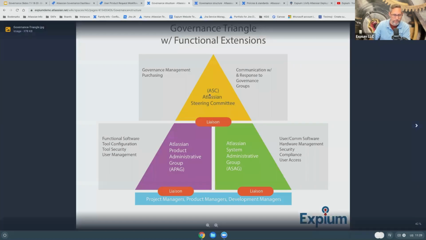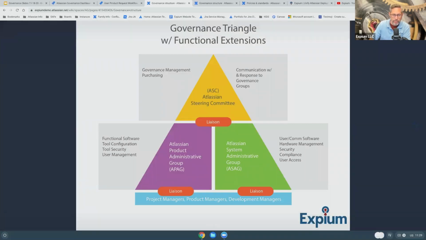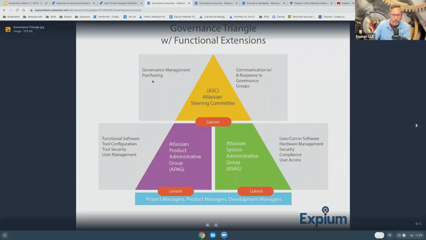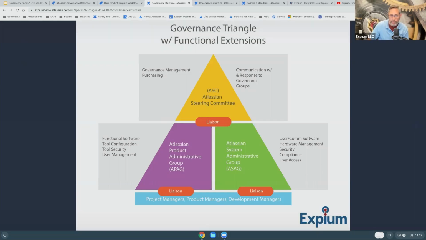Their key responsibility is going to be governance management, any decisions that need to boil up to that level, and purchasing. Also, their communication and response is going to be with the other governance groups. So there's probably going to be one person in that group who is a liaison to the other governance groups.